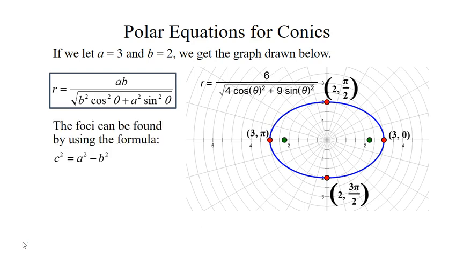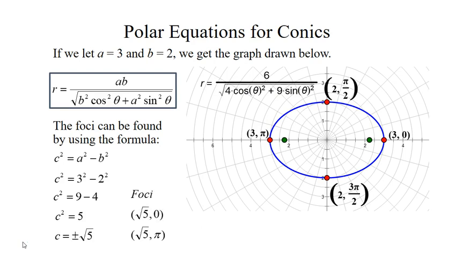And I just plugged in a few points to see where the ellipse is. So we have points at (3, 0) and (3, pi), (2, pi over 2), and (2, 3 pi over 2). Now your foci can be found by using the equation a squared minus b squared equals c squared. And we're just going to plug in our a and b, and we get plus or minus square root of 5. So our foci are at (square root of 5, 0) and (square root of 5, pi).